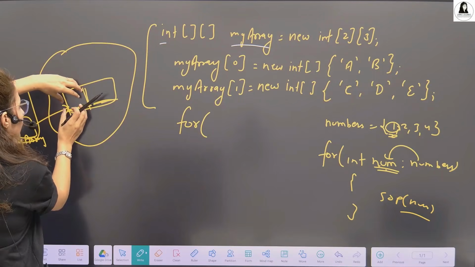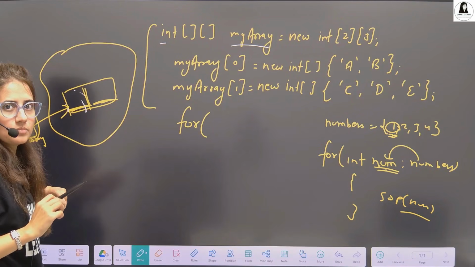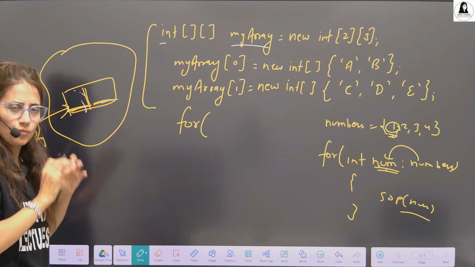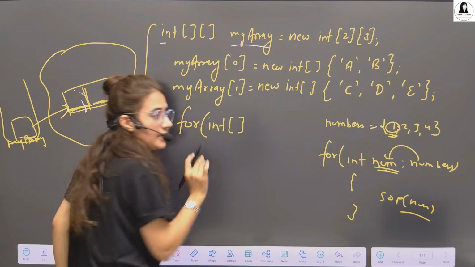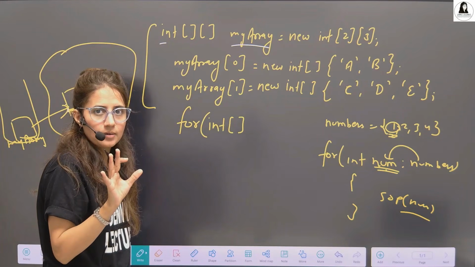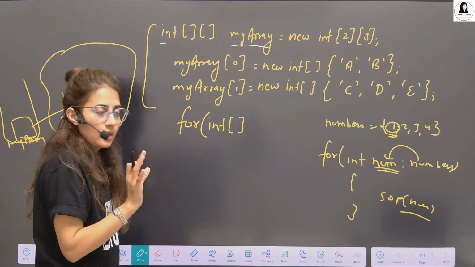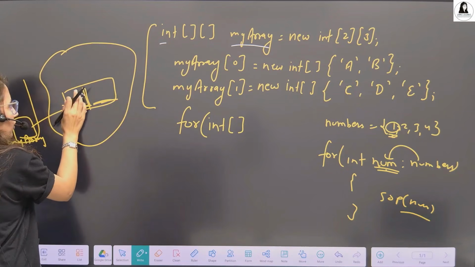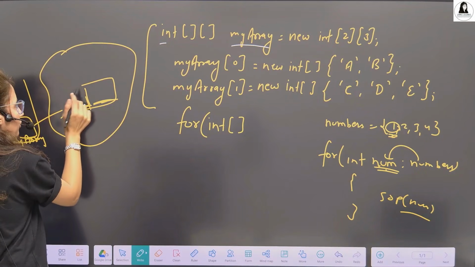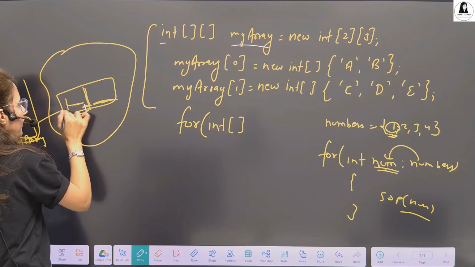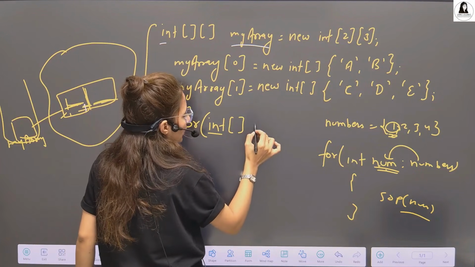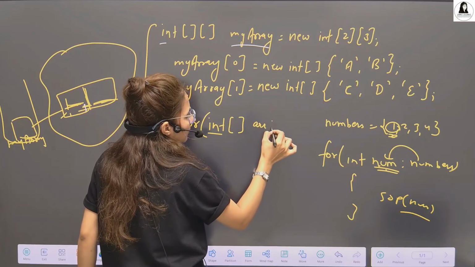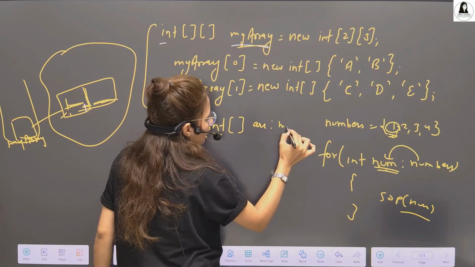The outer loop will fetch this 1D array and store it in some 1D array. You cannot simply take an element or a simple variable because this is a 1D array. So you need a 1D array, and any name you can take like arr, then colon and then the name my array. Simple.